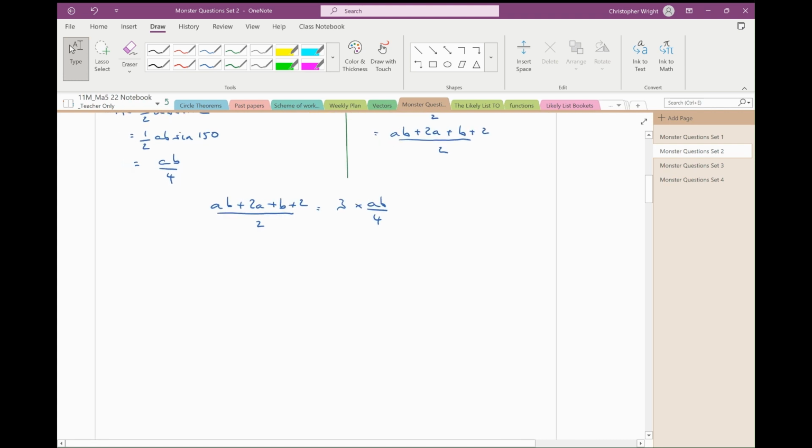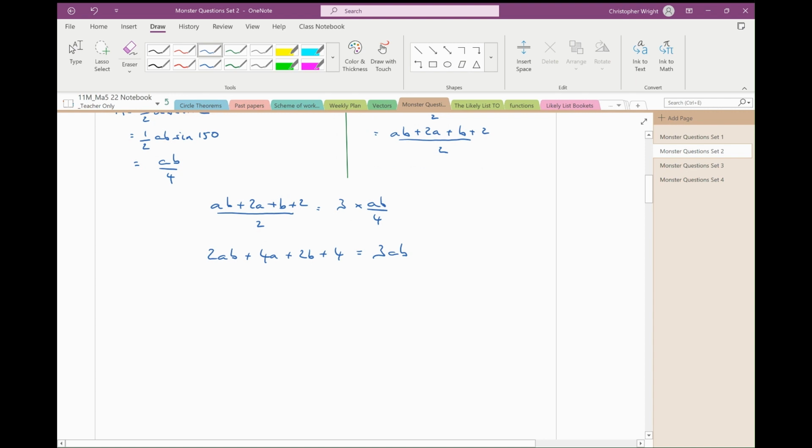To start with, I'm going to multiply everything by 4. If I multiply the left-hand side by 4, then I'm simply going to multiply the numerator by 2. So 2AB plus 4A plus 2B plus 4 equals 3AB.